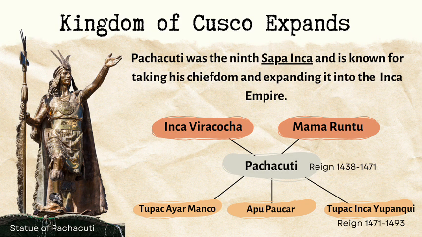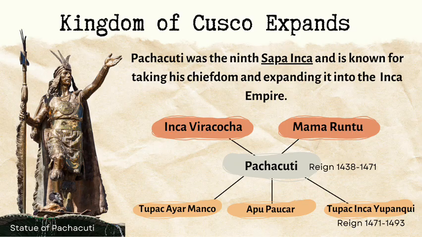So the kingdom of Cusco expands. Well, Pachacuti is considered the founder of the Inca Empire. He was in fact the 9th ruler of the Inca chiefdom. His father was named Inca Viracocha, and it was this family line for which the Inca Empire is named.